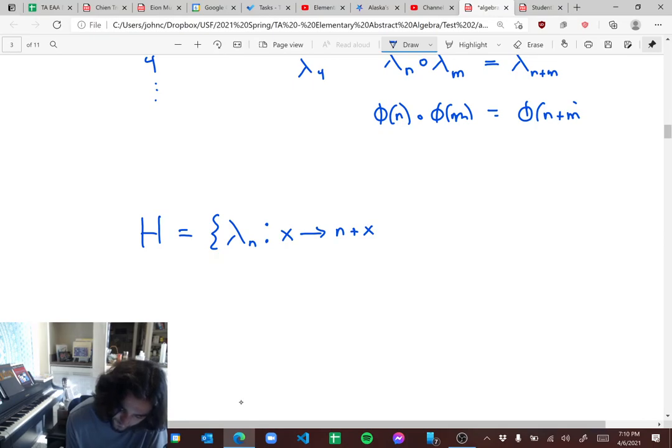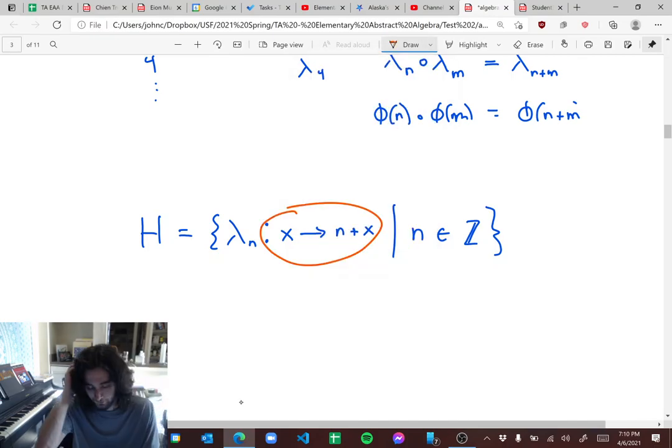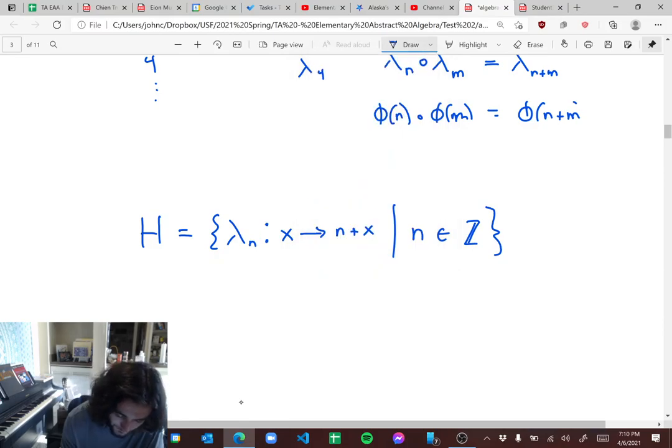They're all of those for every n in Z. You don't have to write this part, but you can, just to clarify what lambda n does. And actually, to be perfectly correct, I did that wrong. For that notation, I need to use an arrow with a little tail there. So there you go. That's the answer to the question, that subgroup.